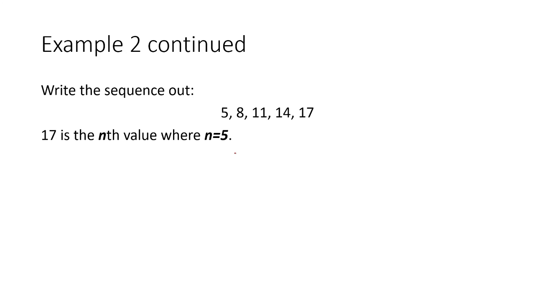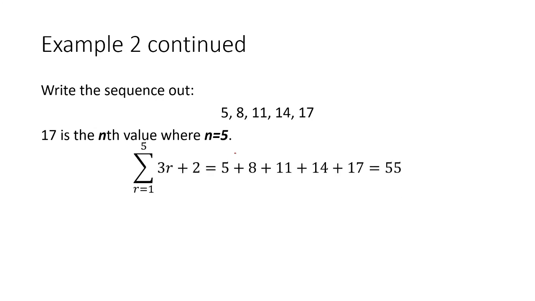So 17 is the nth value where n equals 5, the number at n equals 5. And n is the maximum term it wants you to find the sum of. Using standard maths, you can find that it equals 55 just by adding them all together.